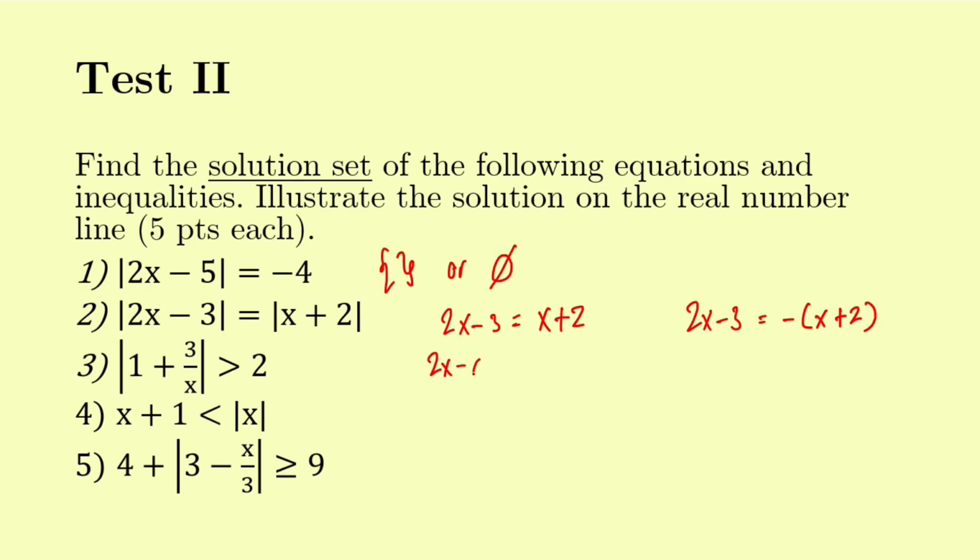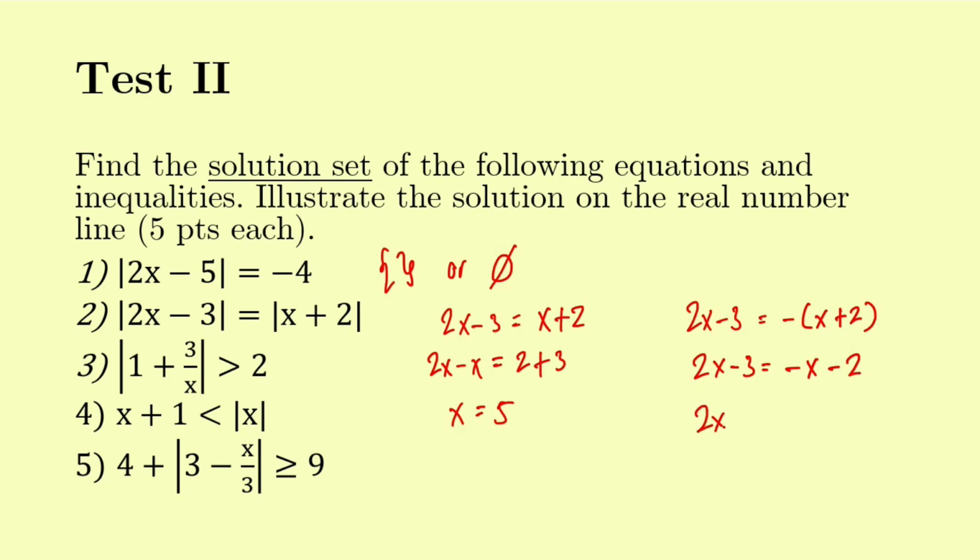So, 2x minus x is equal to 2 plus 3. X is equal to 5. And for the other one, 2x minus 3, we will distribute the negative symbol to both terms: negative x minus 2.